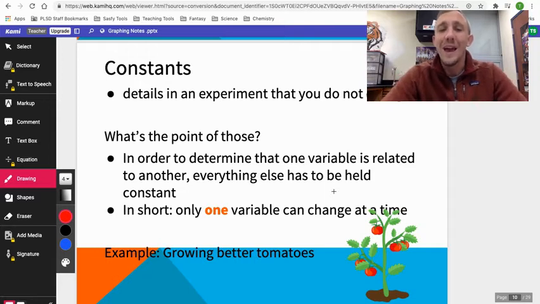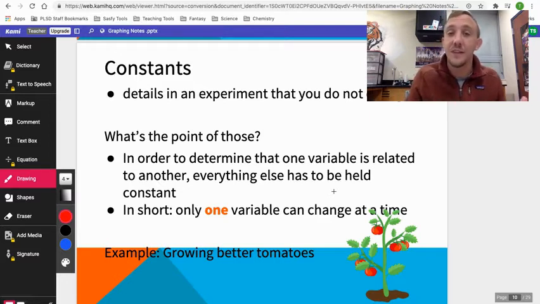And so we have to keep things constant because, say, I want to know how to make tomatoes grow bigger. Well, I have to change one factor to see if that change will cause my tomatoes to grow bigger. So if I change my amount of water I give on a weekly basis, everything else has to stay the same. So if my tomatoes grow bigger, I know that my change in water is the cause to that growth.